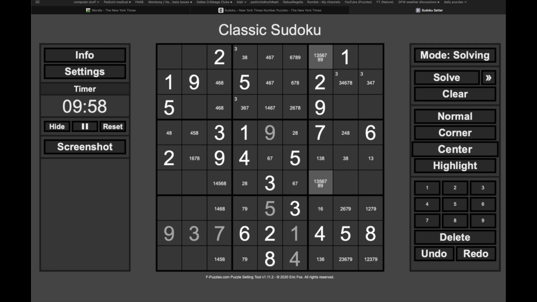See, 2, 4, 7, 9 taken out of here. No, this is not 3. By row, that's not 1. By row and box logic.